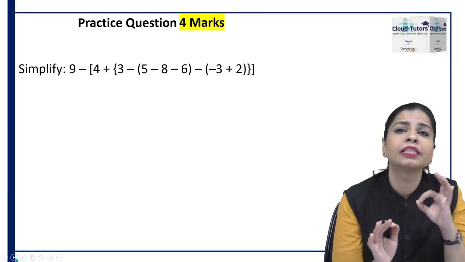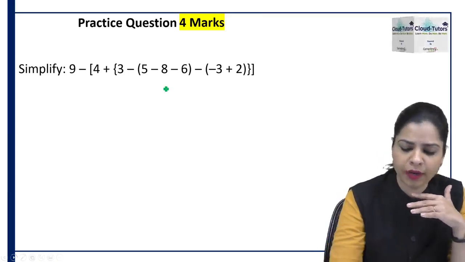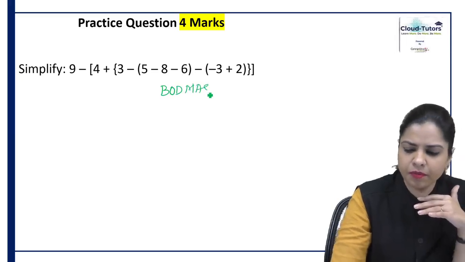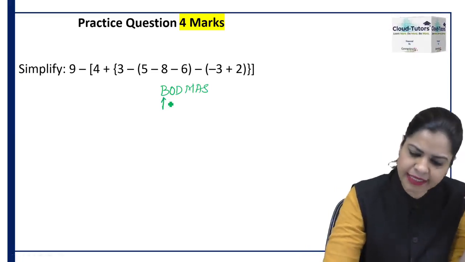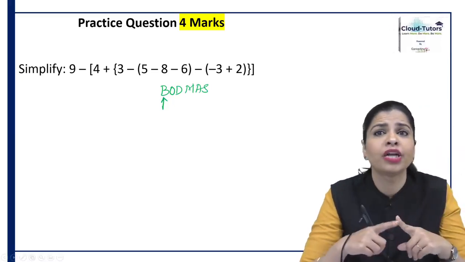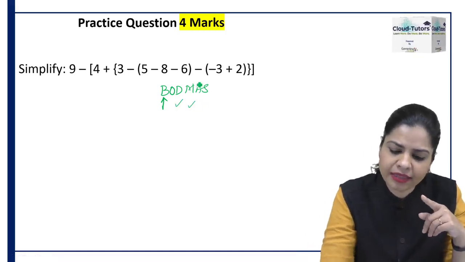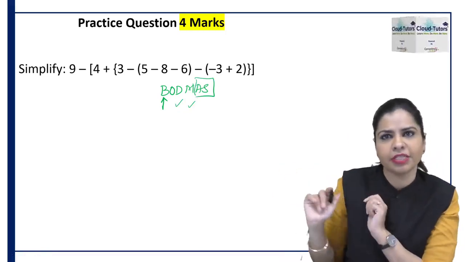For this, it is very important that you recall the BODMAS rule. What does this BODMAS say? This says brackets. So first priority is given to the brackets, then division, multiplication, then comes addition and subtraction. Subtraction is given the last priority.